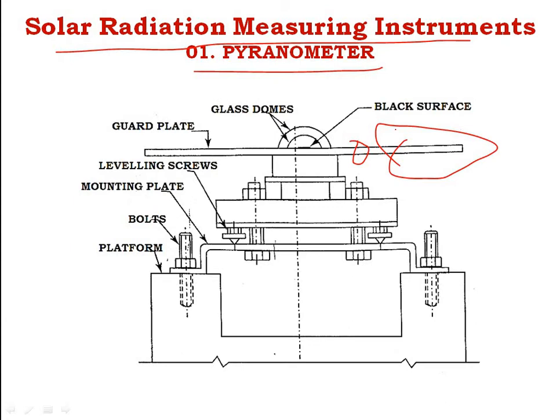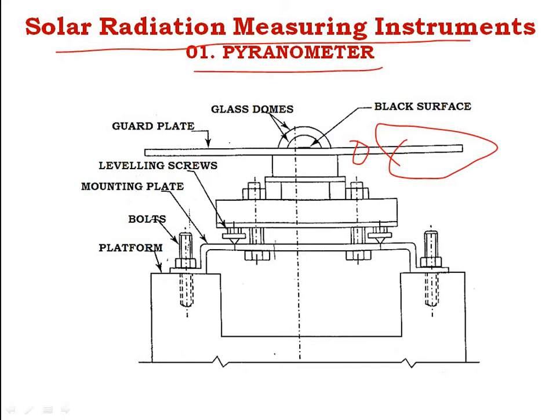The hot junctions of the thermopile are attached to the black surface, while the cold junctions are located under a guard plate.